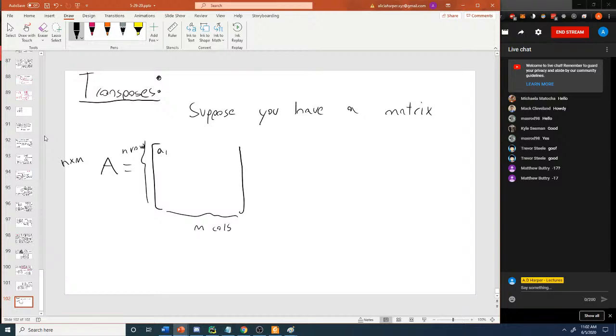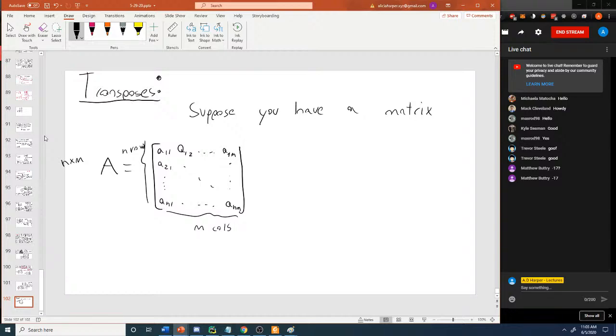So here I'll have A11, A21, and so on, all the way down to An1, all the way over to Anm. Here I'll have A12, all the way over to A1m, and so on.